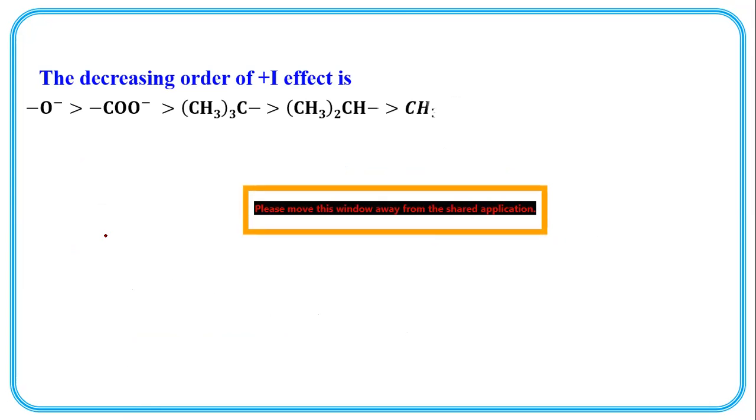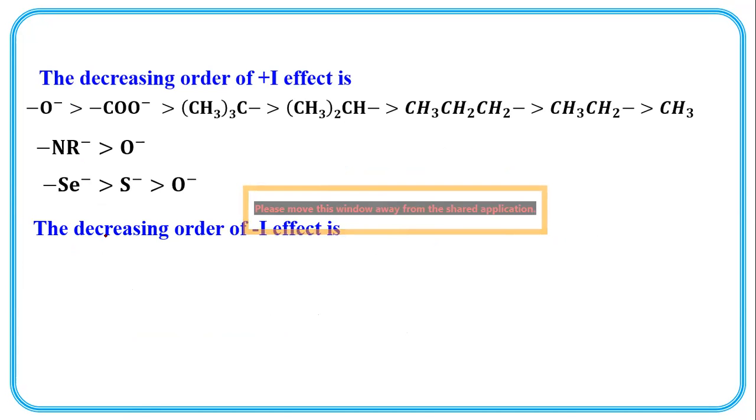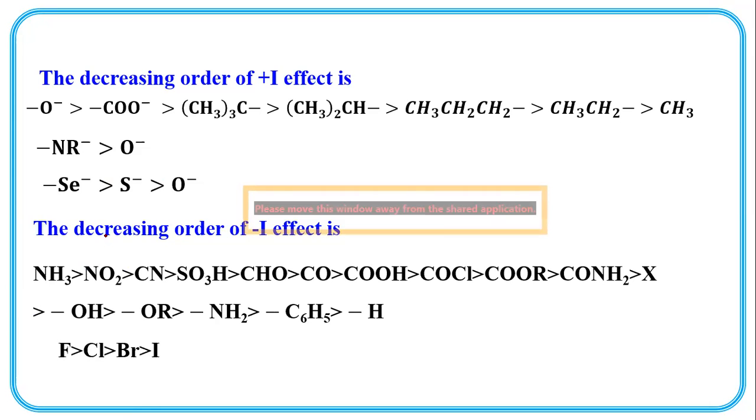So here the decreasing order of plus inductive effect is given, and here the decreasing order of minus I effect, negative inductive effect, is given. In this way, these are the decreasing orders of plus I effect and minus I effect.